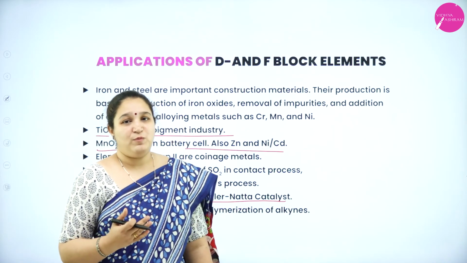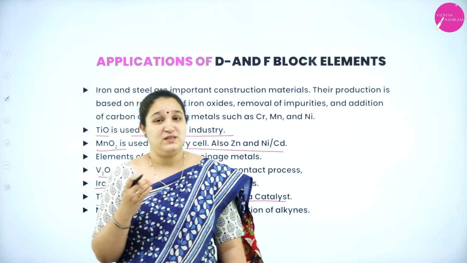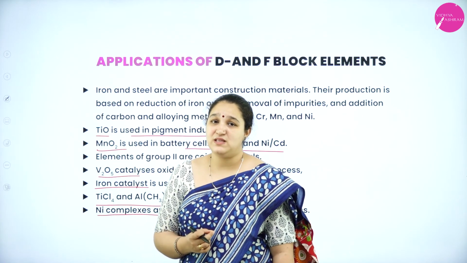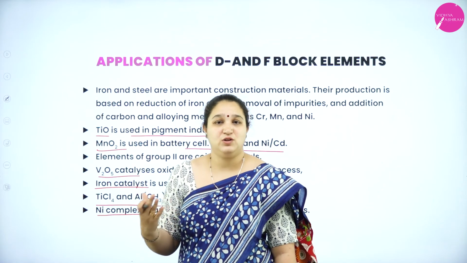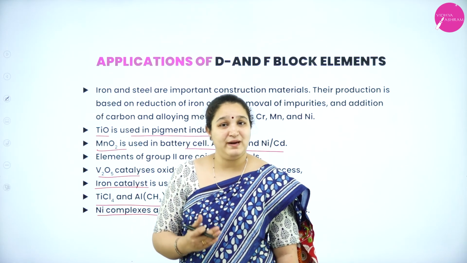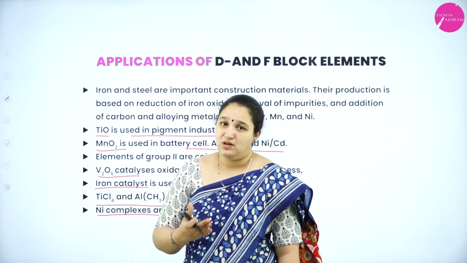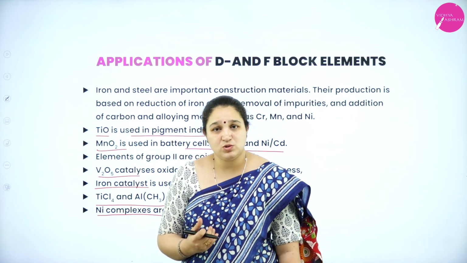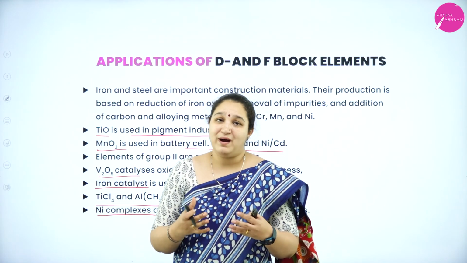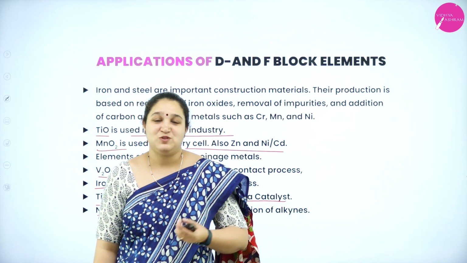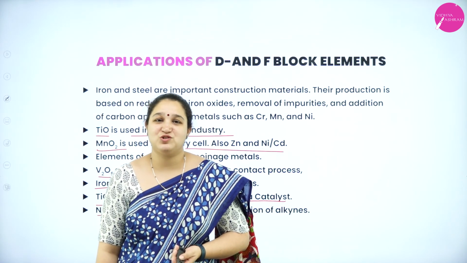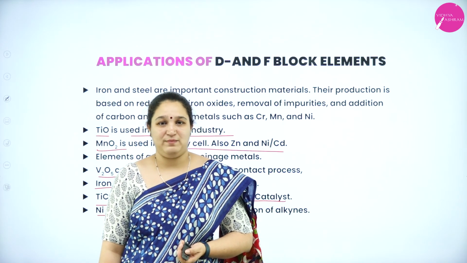So D block elements specifically are really good catalysts and they have a wide use. Also, as they are metals, their extraction we have learned, and when they are combined, they can form different alloys to give different properties. So these are some of the applications of D and F block elements.